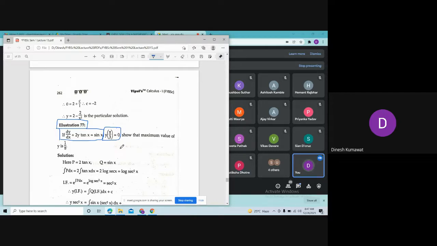Yes, e raised to integration of p dx or dy? So p dx. Okay, so just use the value of p.